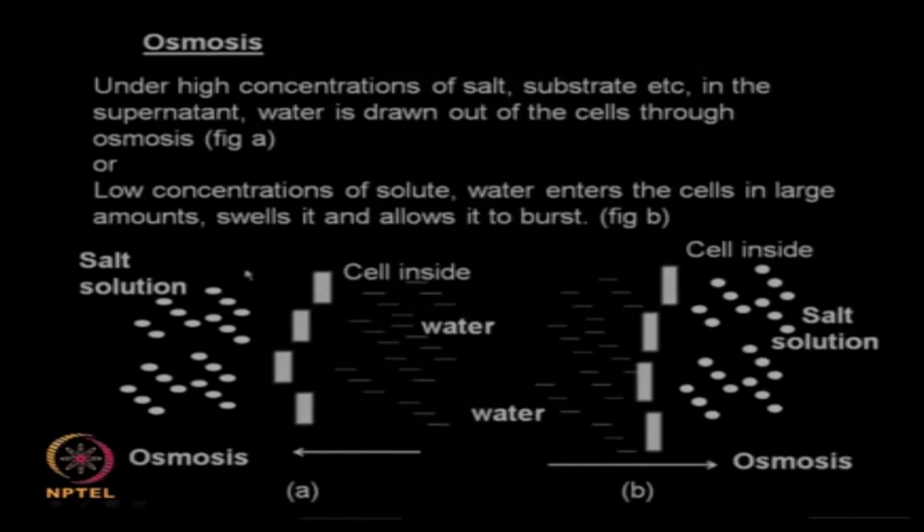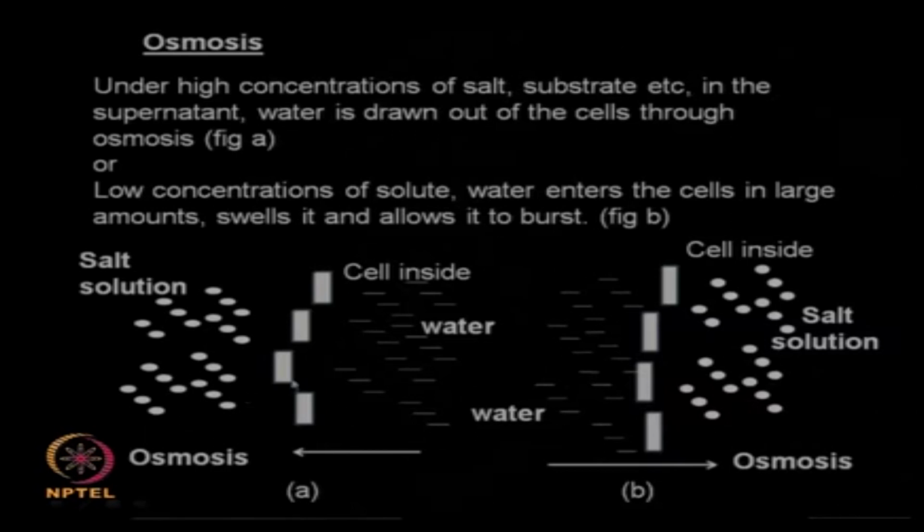Okay, so this pictorially tells you how the concept of osmotic pressure works. Outside you have a salt solution and inside you have water, correct. The vapor pressure here is much higher than this because you have added salt, and the vapor pressure decreases.